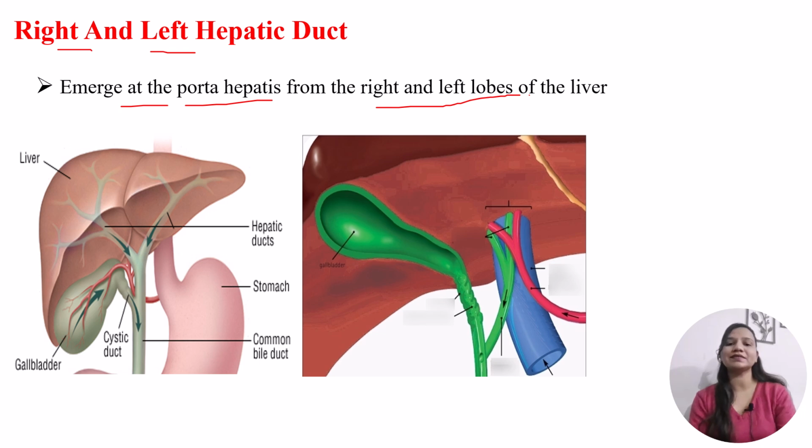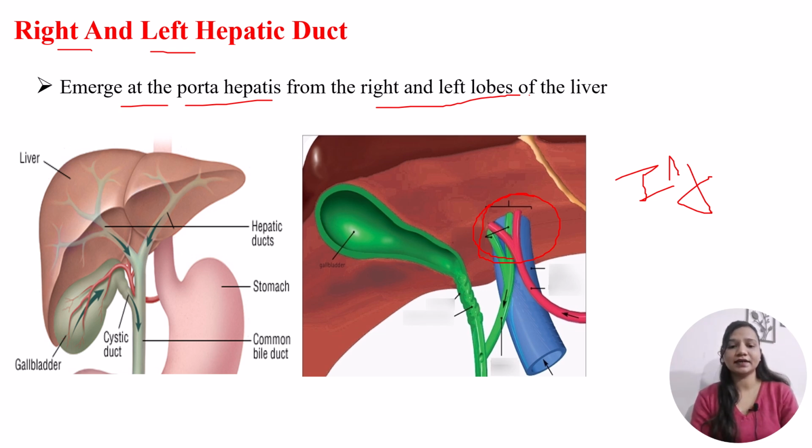It is present at the inferior surface of the liver, and it is a depression through which structures or vessels enter or leave the liver. This portion is the porta hepatis, as you can see here.